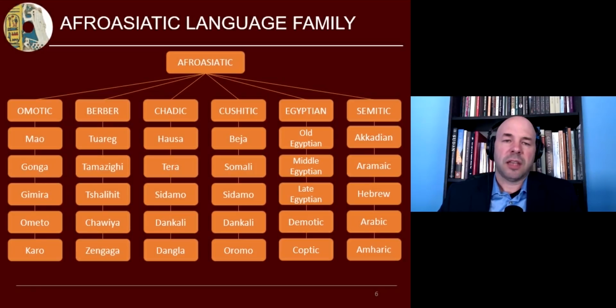So Egyptian has features of the Semitic languages, things like Akkadian, Aramaic, Hebrew, Arabic, etc., but then also features of some of these African languages in the various families like Cushitic, Chadic, Berber, and Omotic.